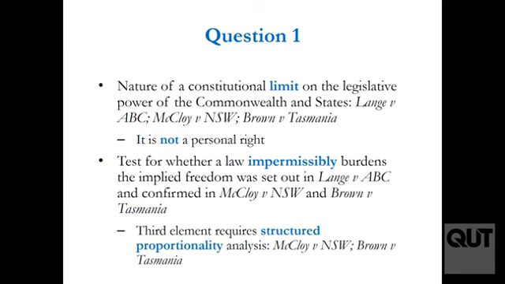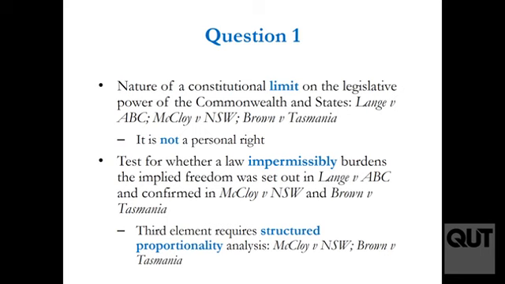It was confirmed and refined in the decision of McCloy v Brown. So this test, which we're going to apply in a moment, requires a consideration of three broad issues. Namely, whether the law burdens the freedom, you have to go through compatibility testing and proportionality.